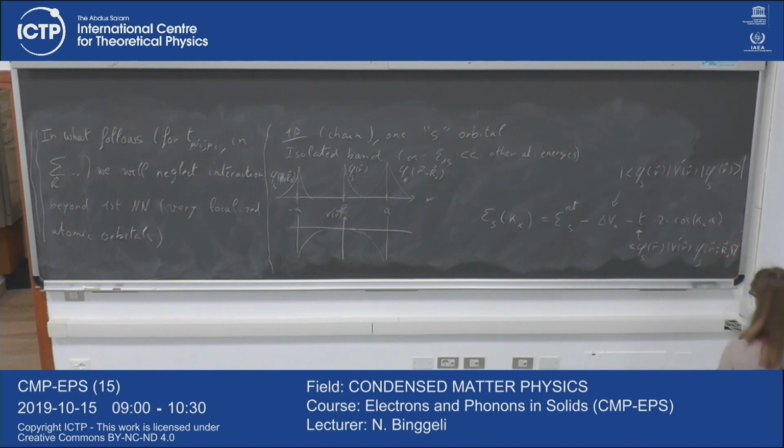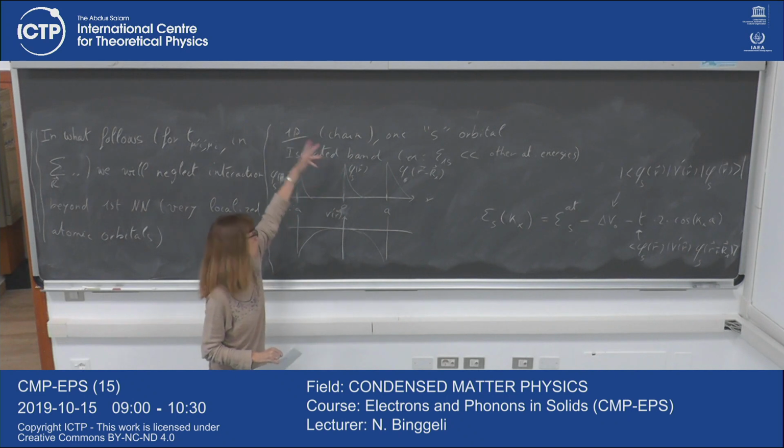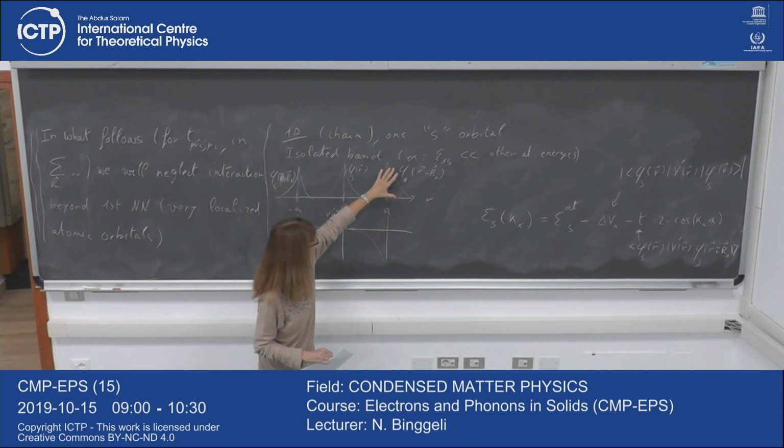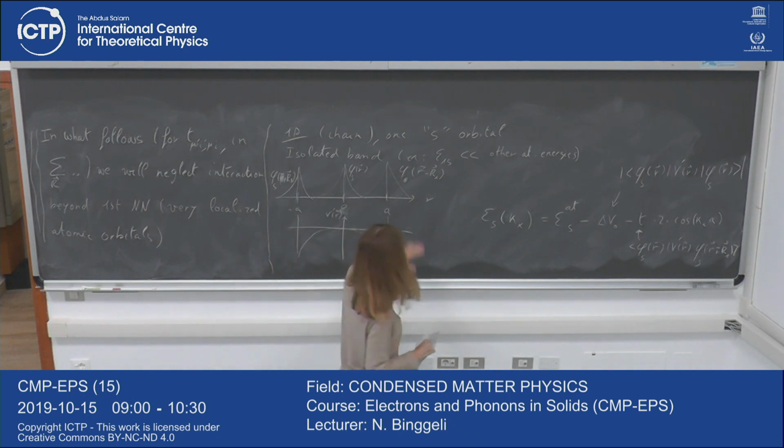So this matrix element will be negative also because I have the complex conjugate of this function times this function, and I'm integrating over a crystal field that is negative. So it will give me something negative.